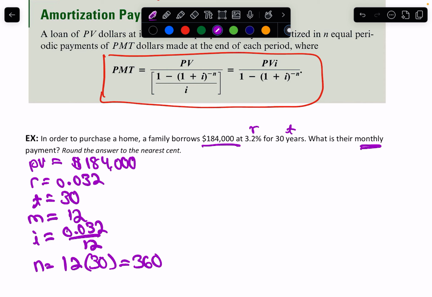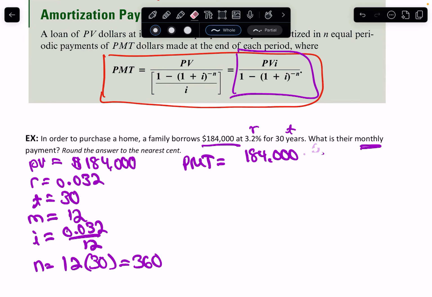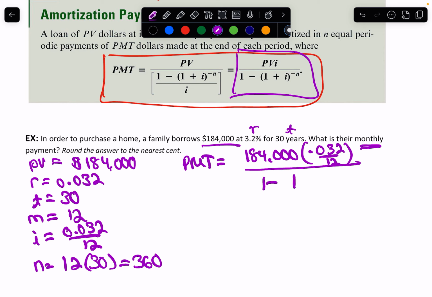Okay, so our payment, PMT, and we're going to use this formula right here, is going to be $184,000 times 0.032 divided by 12, divided by 1 minus (1 plus I), where I is 0.032 divided by 12, to the power of negative n, so negative 360.